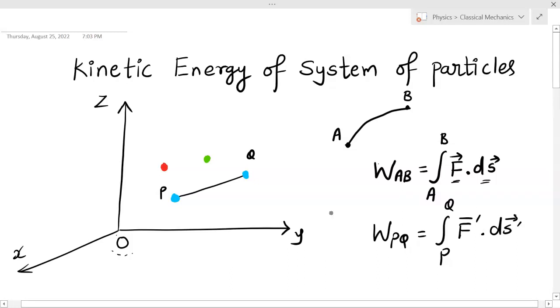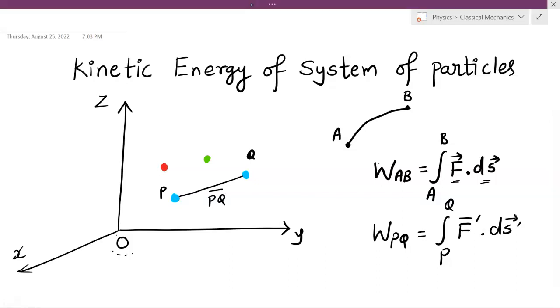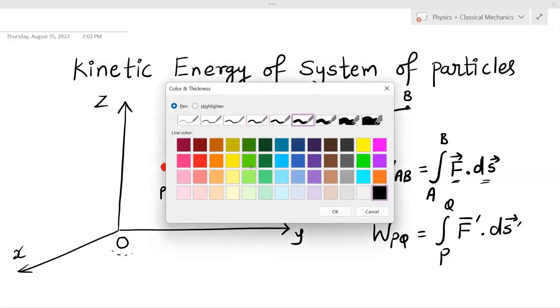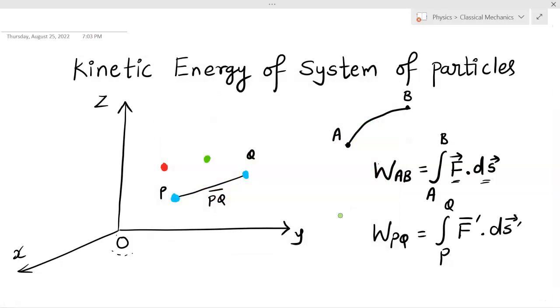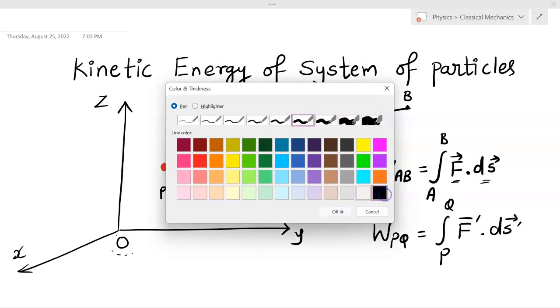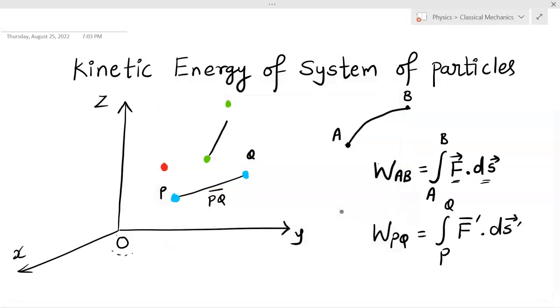That means this PQ bar vector will not be equal to the displacement vector of this green color particle. For example, if I take this green color particle over here, then this vector, let me show you with the black, by which this green color particle is displaced will be different. Maybe it is the ST bar vector.